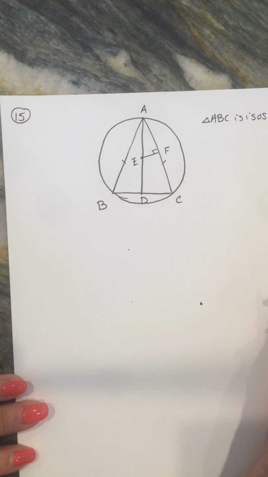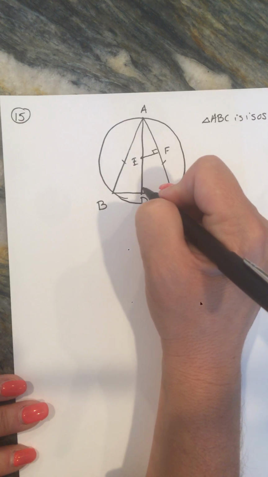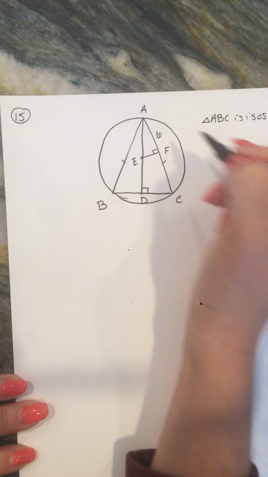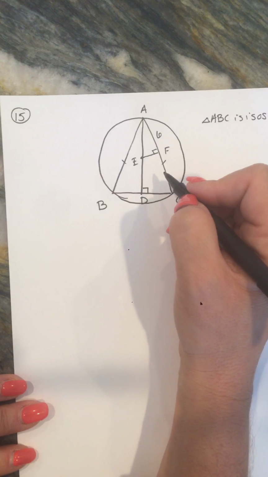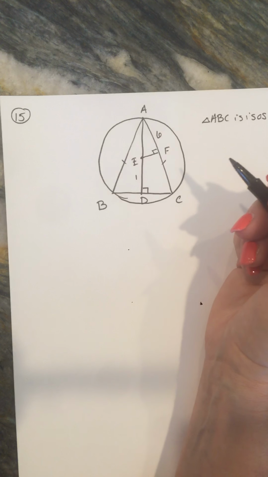We have AD perpendicular to BC, and we have that AF equals 6 and ED is 1. We need to find the radius of the circle.